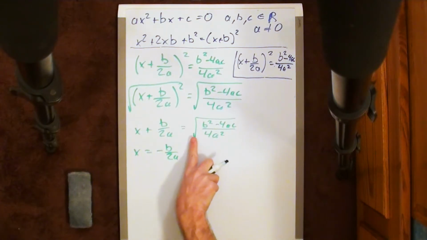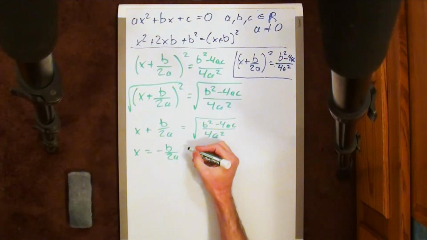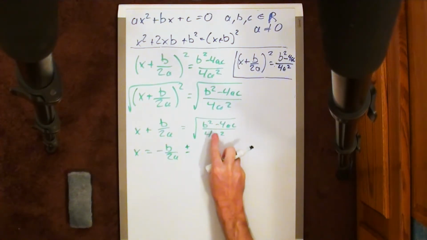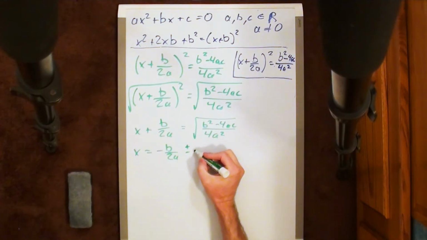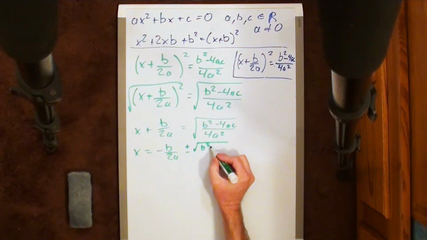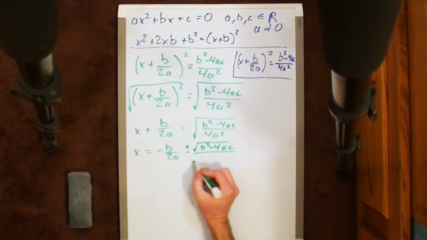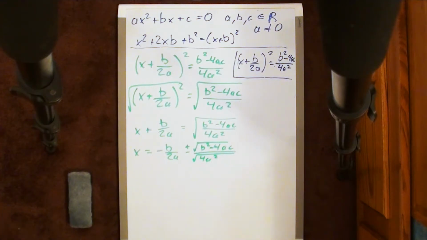Now since we have a square root, and we had this exponent, we're going to go plus or minus. And with the law of square roots, we're just going to write this out. So we're going to do b squared minus 4ac over 4a squared. That's not too bad.